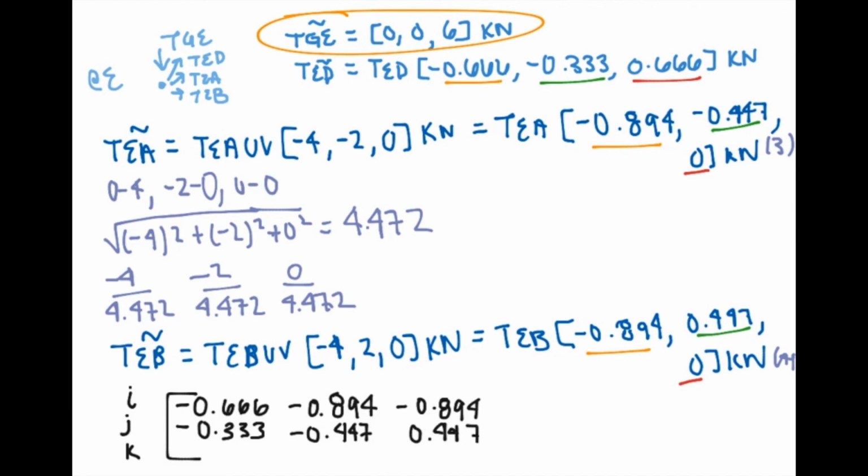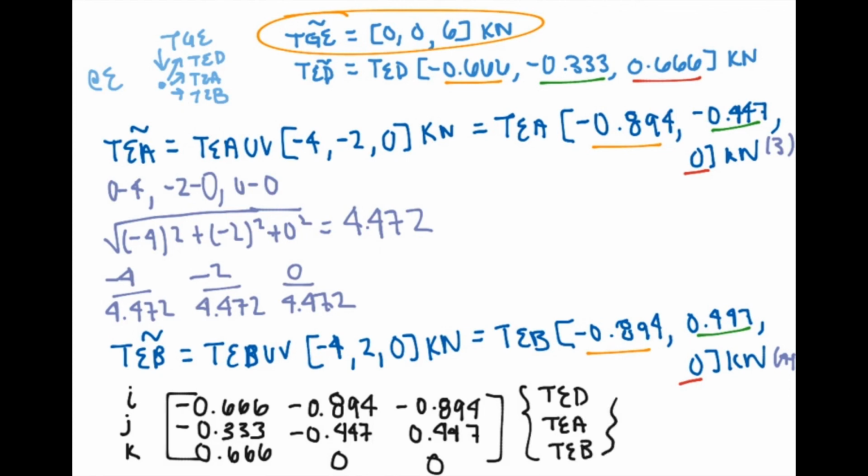And then 0.666 here, a 0 here, and a 0 here. Then we'll label that this is going to be TED, TEA, and TEB, which is all going to equal TEG, which is 0, 0, minus 6.